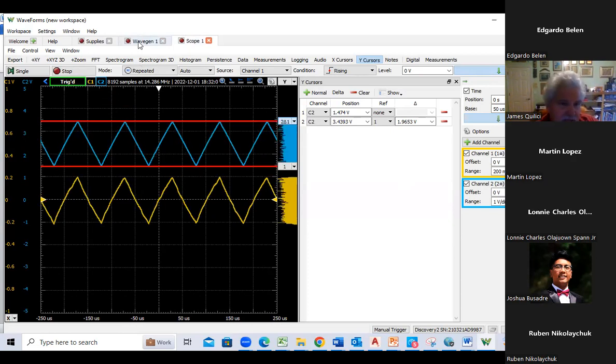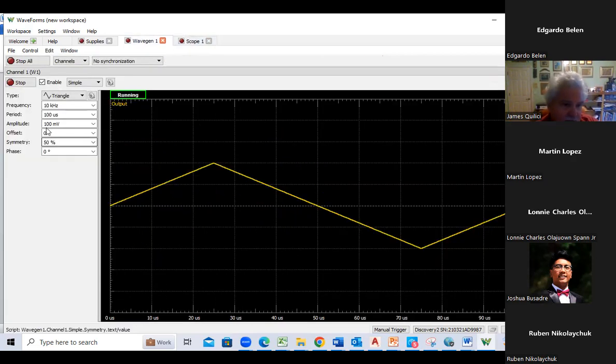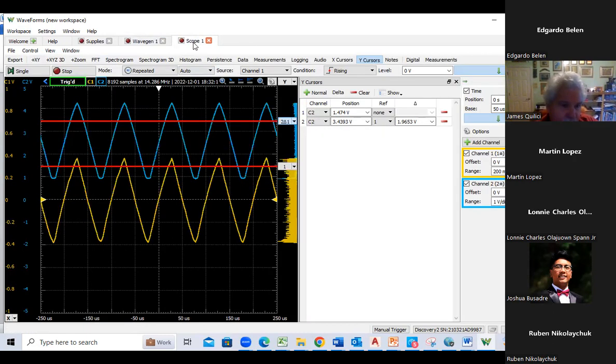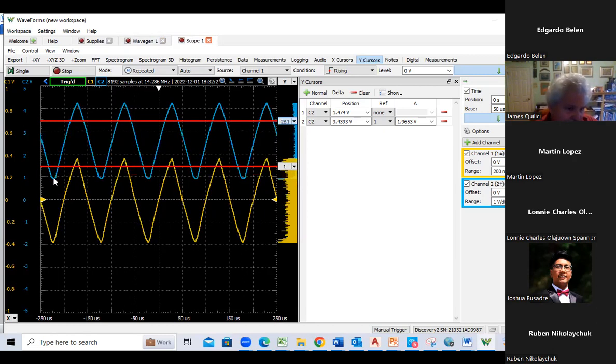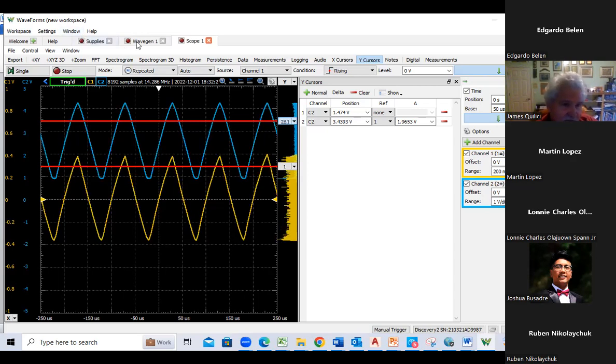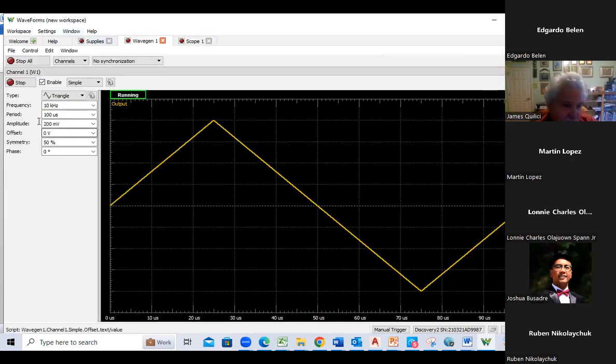The easiest thing to do is just bring it up a significant amount, because we only have a 5-volt supply, so it's not going to have a tremendous dynamic range. Mine bottoms out around 0.9, but it hasn't clipped at the top. I'm going to bring that up even higher on WaveGen, to 0.5 volts.